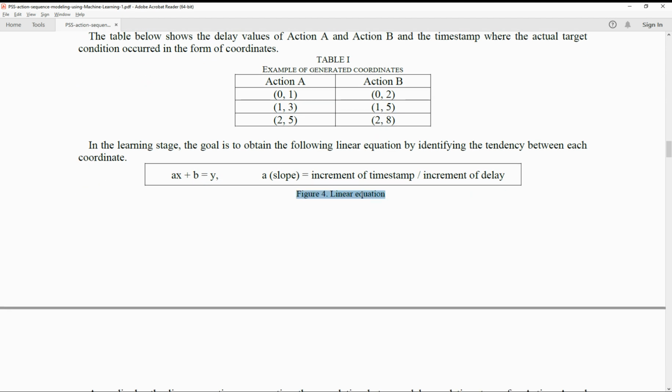The linear equation is ax plus b equals y, where the slope a is the increment of timestamp over the increment of delay.